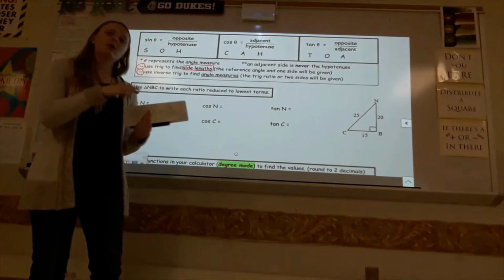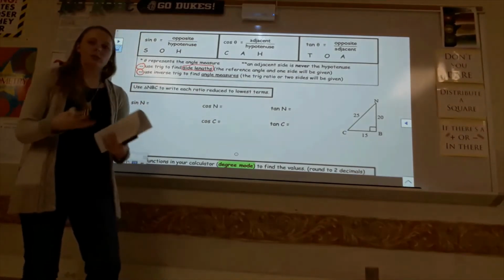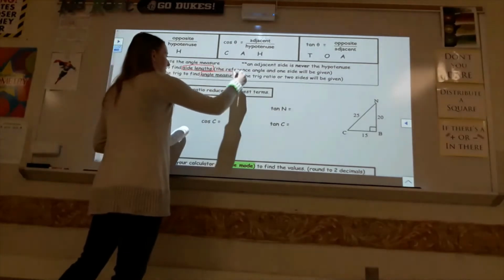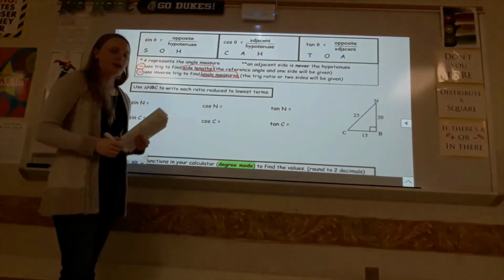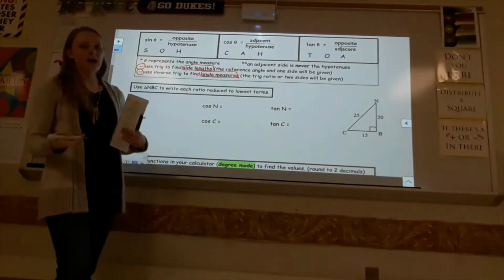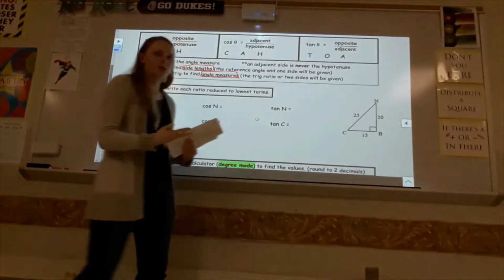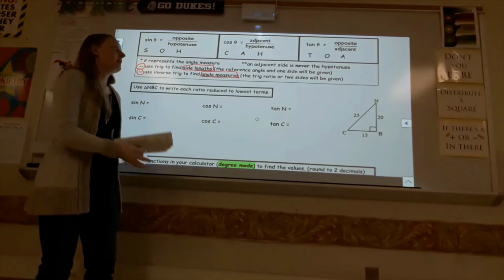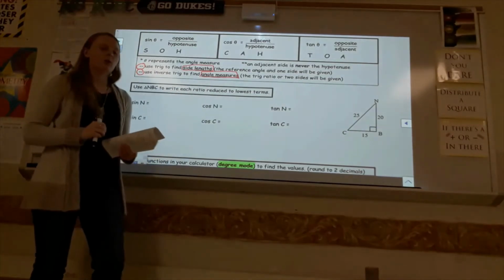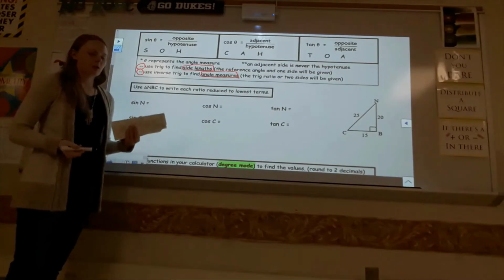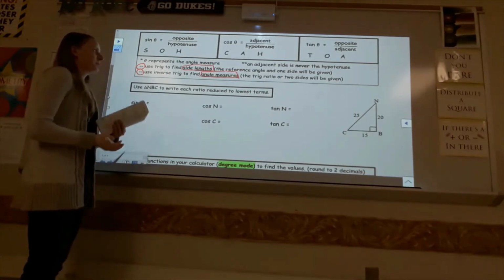So if you have one angle and one other side, you can use trigonometry to help you solve. However, if they ask you to find an angle instead, right, instead of giving you the angle and one side, they'll give you 2 sides, or they'll give you what the trigonometric ratio is, and they'll ask you to find that reference angle. When you're doing that, you're actually going to use something called inverse trig, which again I'll talk about in a little bit, but there are 2 different scenarios.